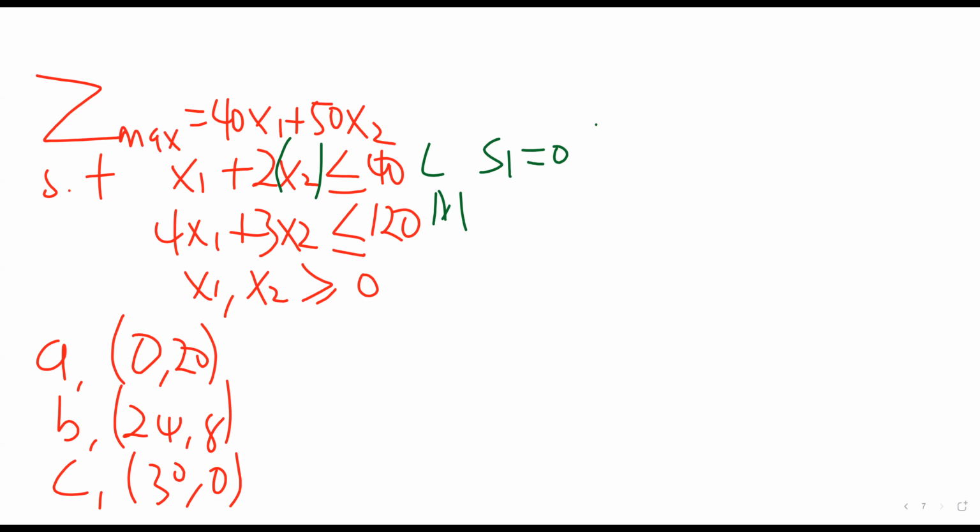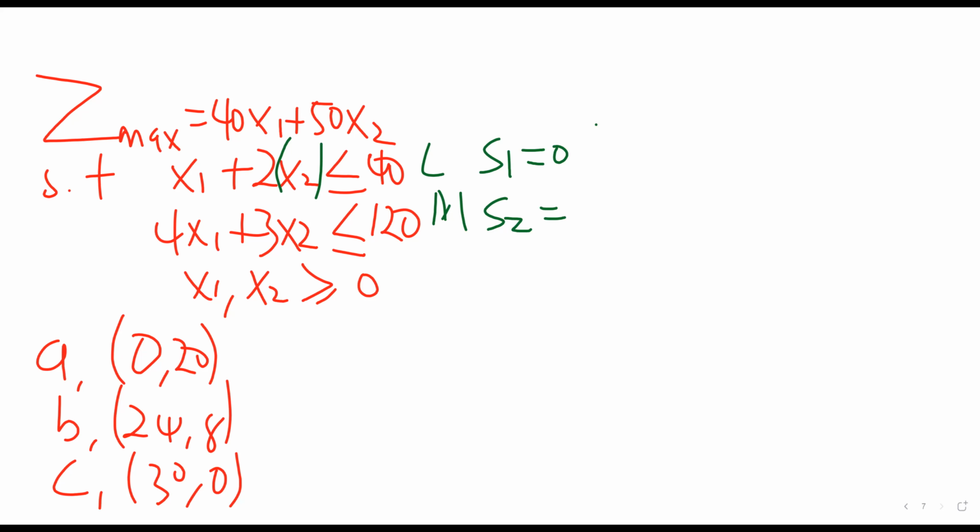So now x1 will be 0. What about S2? For that same point, let's go to the milk constraint. When you go to the milk constraint, you drop the same thing there. You drop the 0 to the 4x1, and then you drop the 20 to the 3x2. So it becomes 3 times 20. When you do that, the slack S2 will be equal to what? Beautiful.